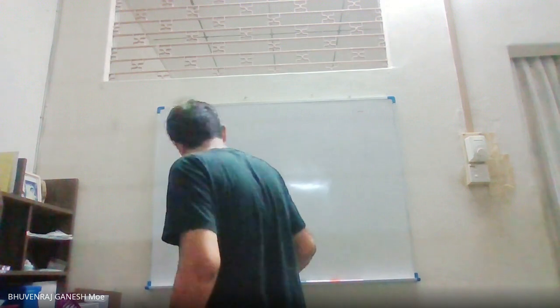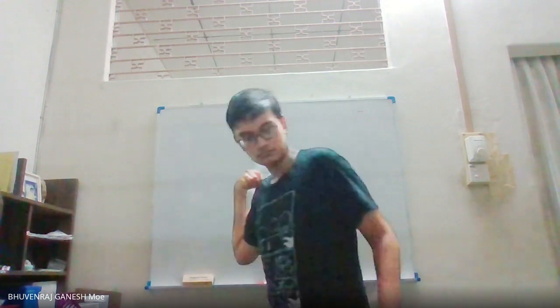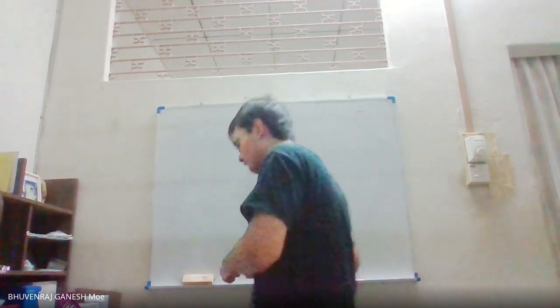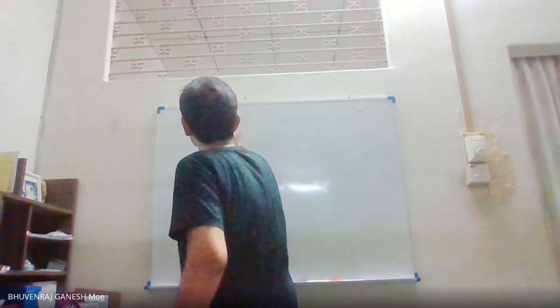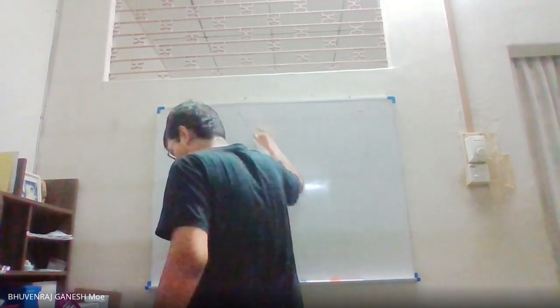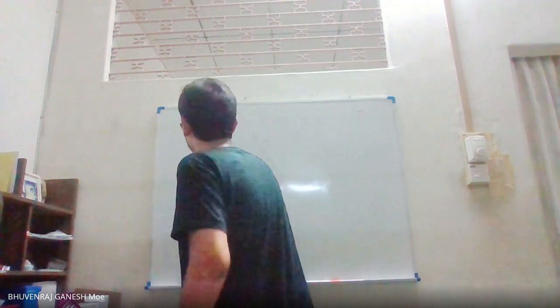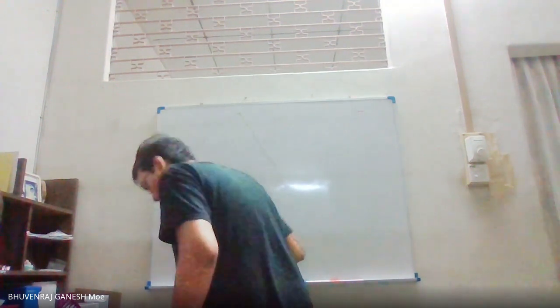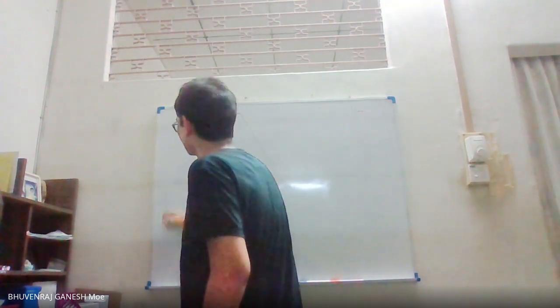So now if you want to solve for the triangle, I divide right out. So the triangle looks like this.